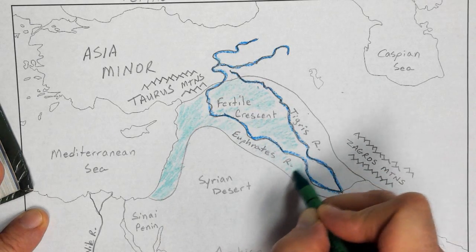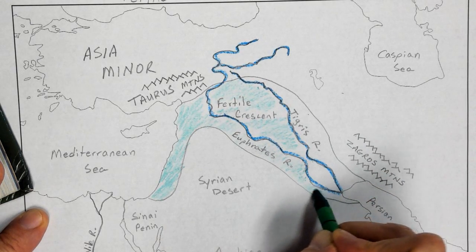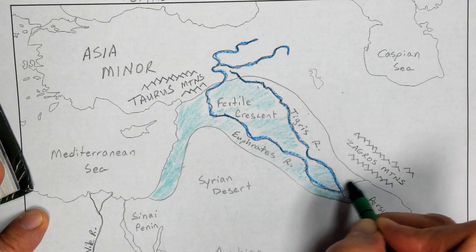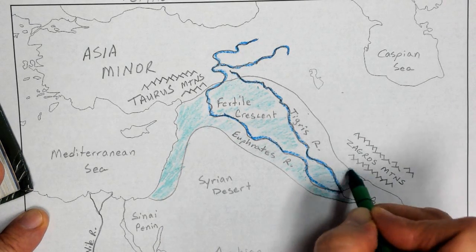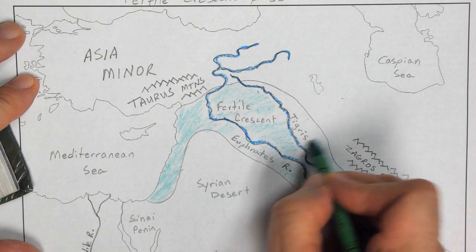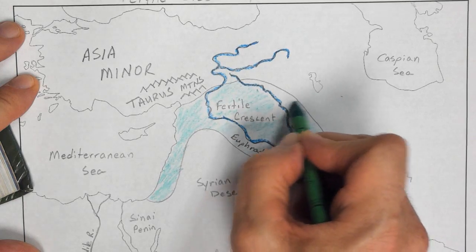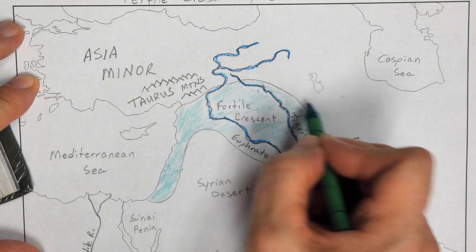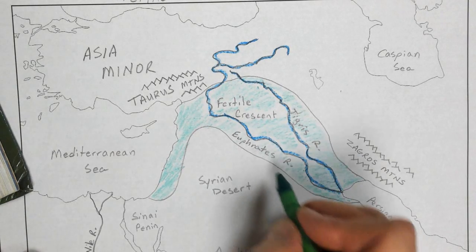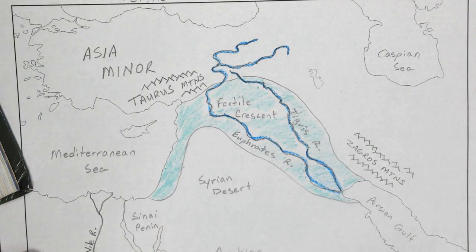Well, maybe I will. Nice and light, colored all the way down to there. Get in between the two rivers. Don't smear the blue crayon. There. That's green, so that's your Fertile Crescent.